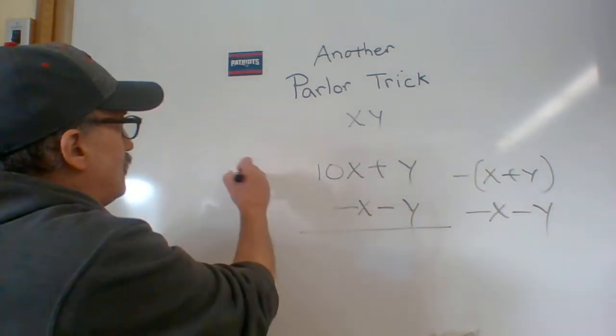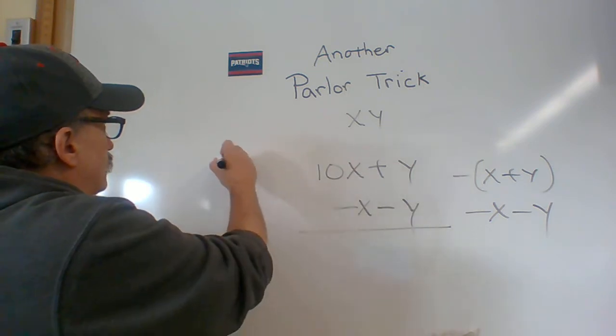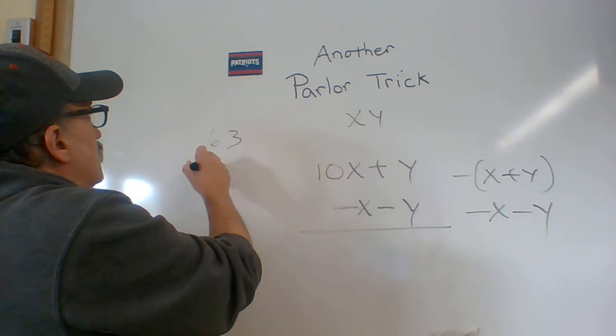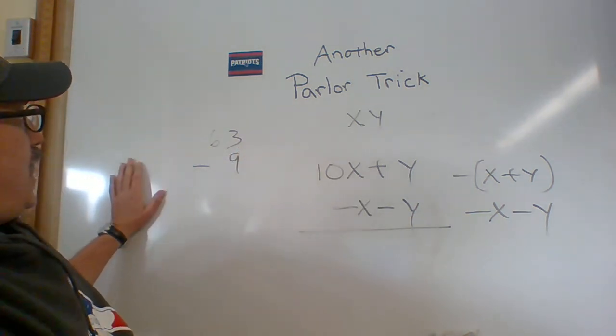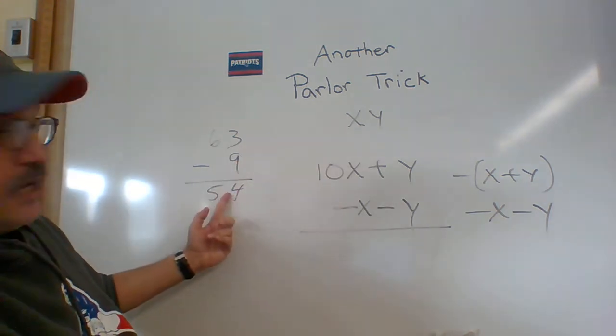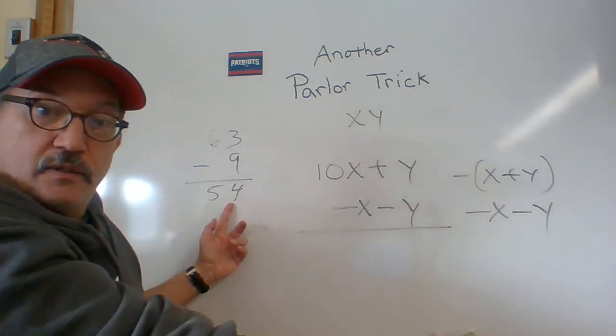Let's say we've got 63, and we want to subtract the sum of the digits, which is 9, right? This, of course, would be 54, and 54 is divisible by 9. It's a multiple of 9.